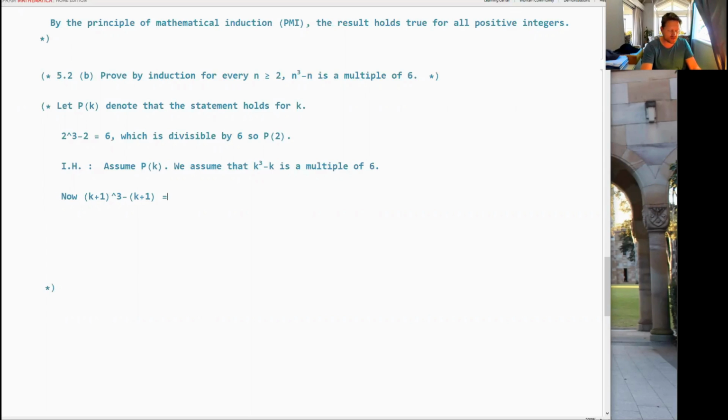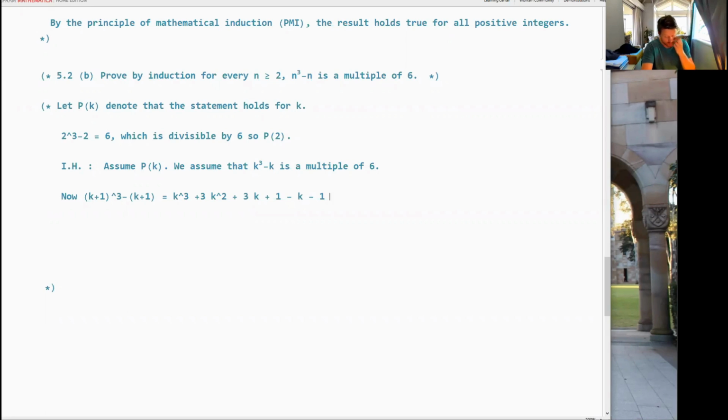So what we want to do now is expand this. This is easy to expand in your head because, using, say, Pascal's triangle, the first term expanded is k cubed plus 3k squared plus 3k plus 1, and then we are subtracting k and subtracting 1.